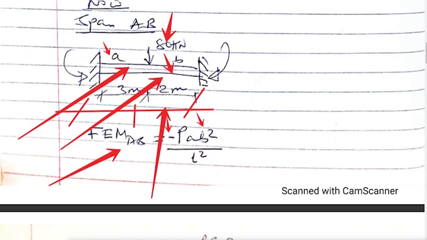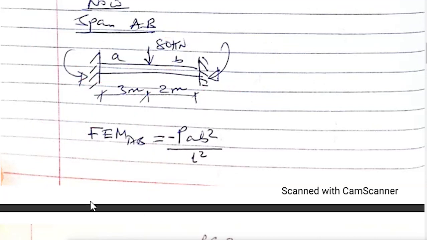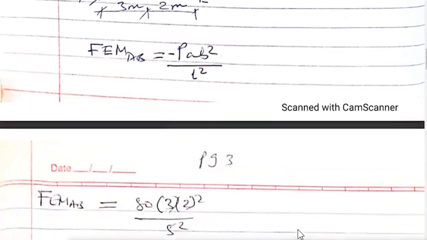Once you take the square of that ratio, you get your value for the fixed end moment from left and right. If we take from the left, the consideration shall be the fixed end moment between A to B, which is a negative value, as we said.